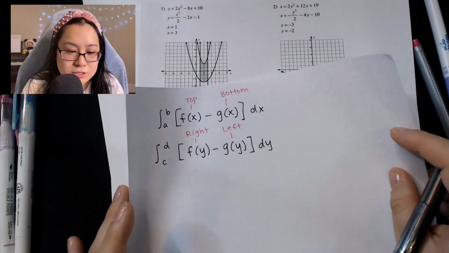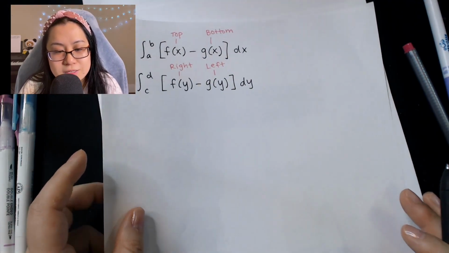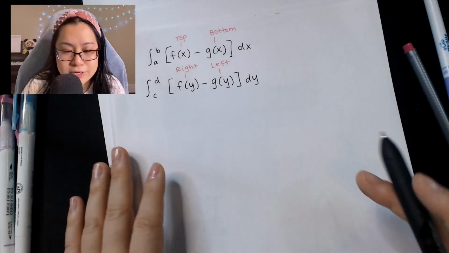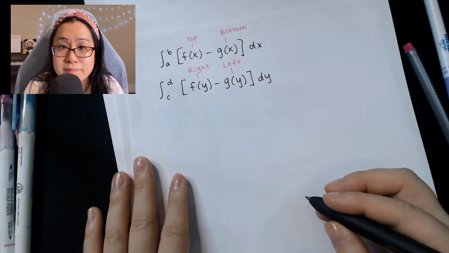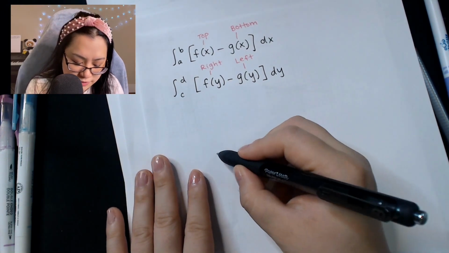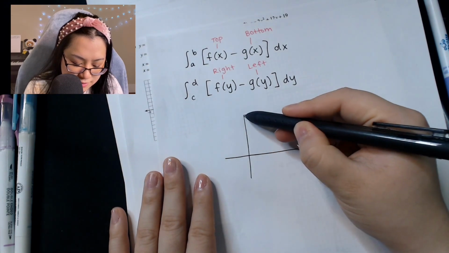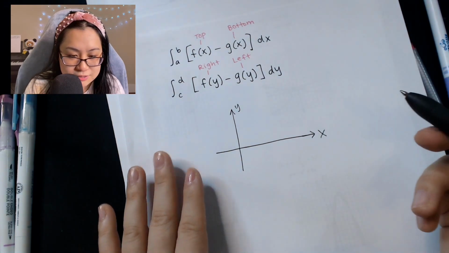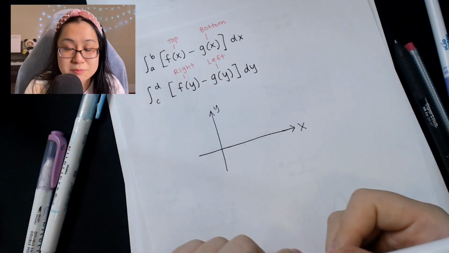Okay, so why is it like this? Well, I think the most straightforward depiction of this would be if f and g are both positive. So let's say we have x and y axes, right? So let's say we have f of x is my top function.